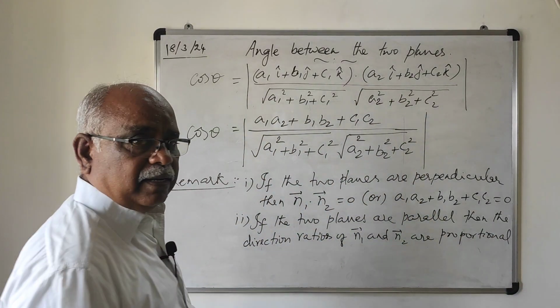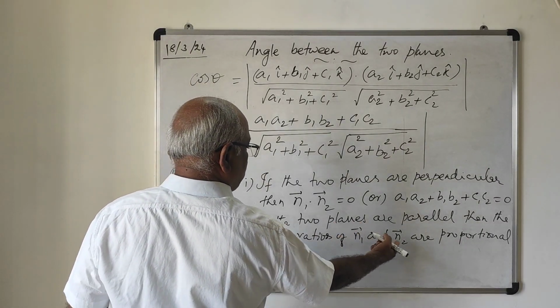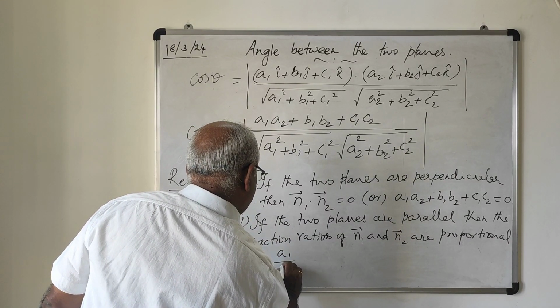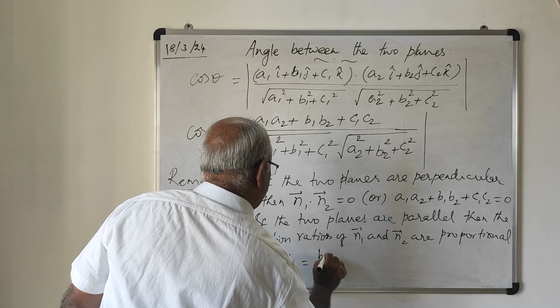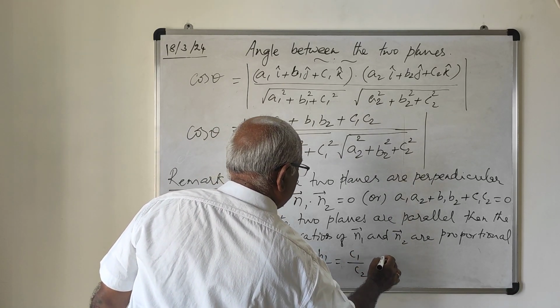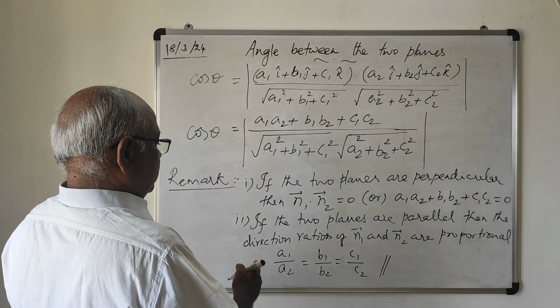That is, the parallelism of the two planes implies that the direction ratios of n1 and n2 are proportional, that is, a1 by a2 equals b1 by b2 equals c1 by c2. This is the condition for the planes to be parallel.